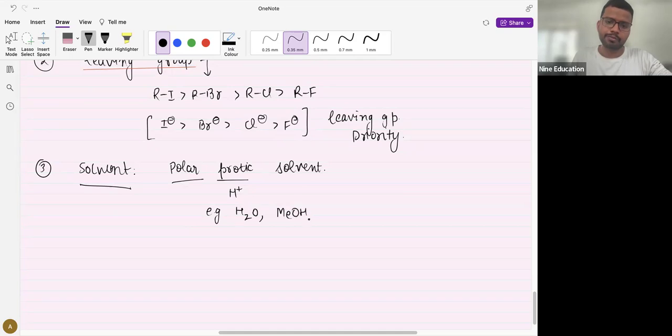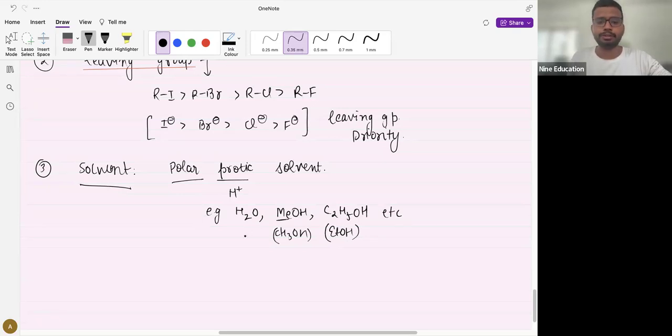These solvents only will act as nucleophile and they will attack on carbon. Let's say methanol, we have ethanol. C2H5OH, इसको EtOH कहते हैं, ethanol. Methanol, CH3OH. Water, methanol, ethanol, etc. These can be taken as solvolysis.